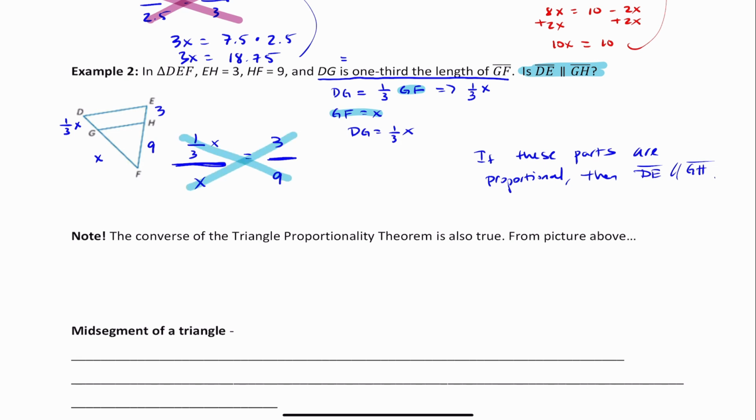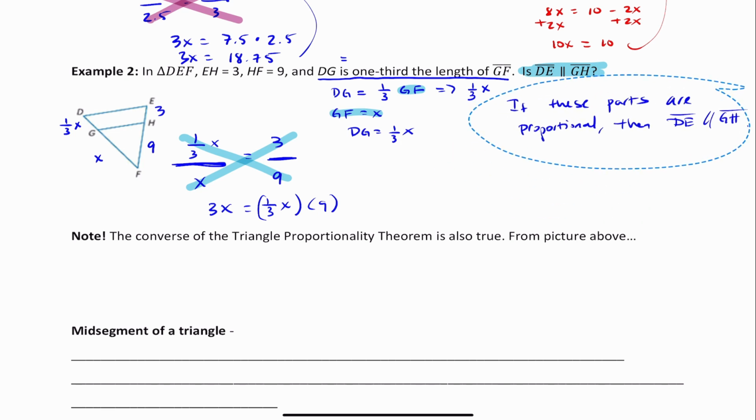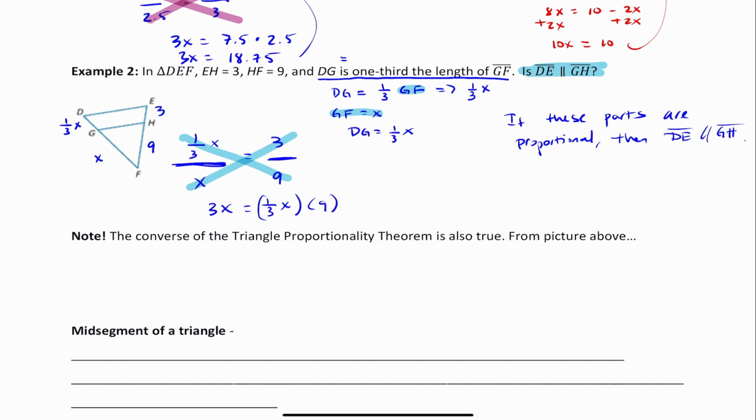I can cross multiply. x times 3, or 3x, is equal to 1/3 x times 9. So I have 3x, and I equal that to, okay, multiplying this is simple. We just ask, okay, 1/3 times 9. Or I can say, what's 1/3 of 9? We put that in our calculator, or we think about it. 1/3 of 9 is basically 3.